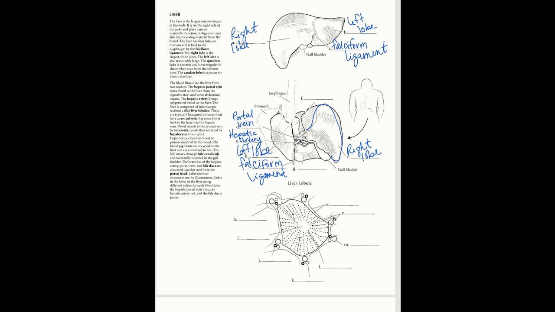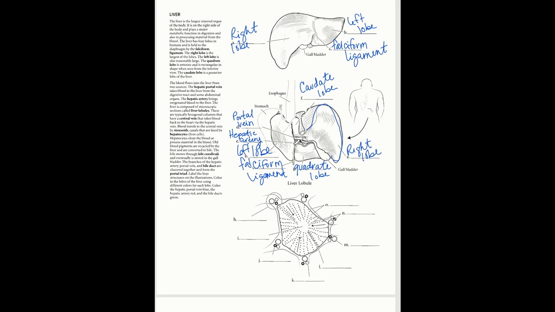This is our quadrate lobe. And above that, we have another called the caudate lobe. So the caudate lobe is posterior, superior, and the quadrate is posterior, inferior.